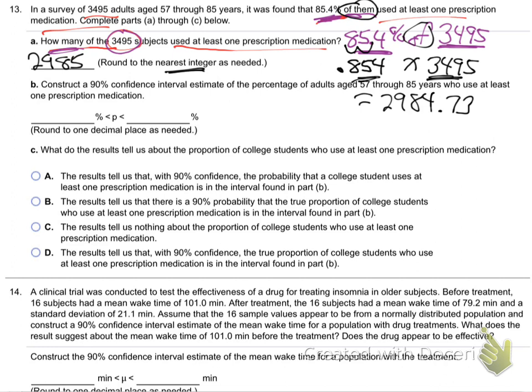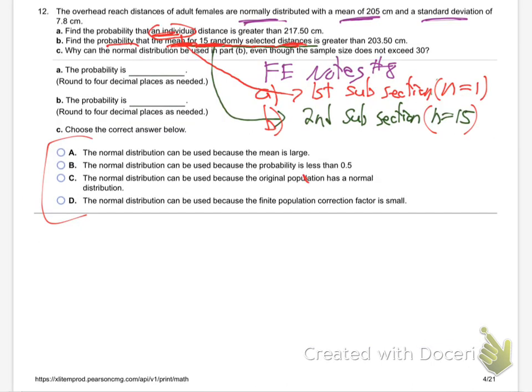Next, construct a 90% confidence interval estimate of the percentage. They want a confidence interval for a percentage. Percentage is a P, and you can see P's there as well. So a 90% confidence interval for P. Let's go to our notes.